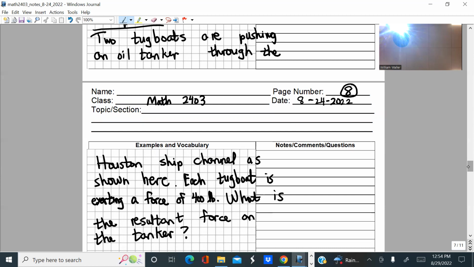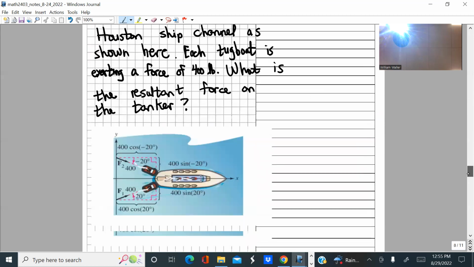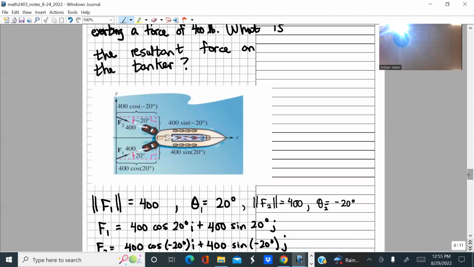And of course, to push the tanker through the ship channel, the tugboats have to apply force, correct? So here is how they're applying this force. One of the tugboats is pushing in this direction at a force of 400 pounds.